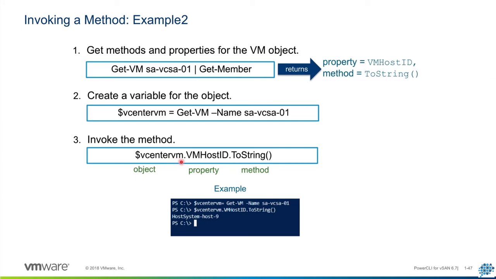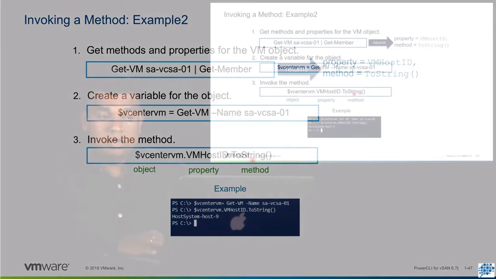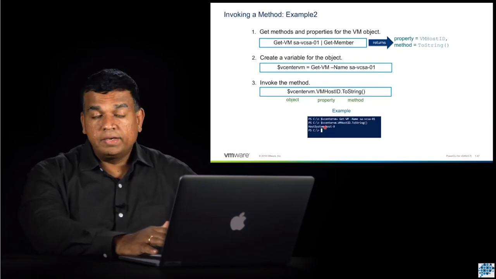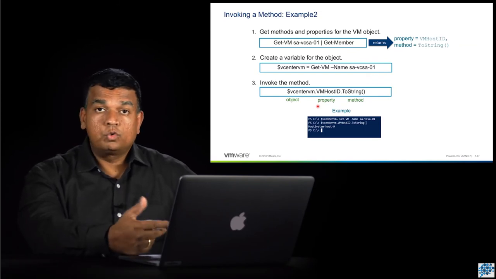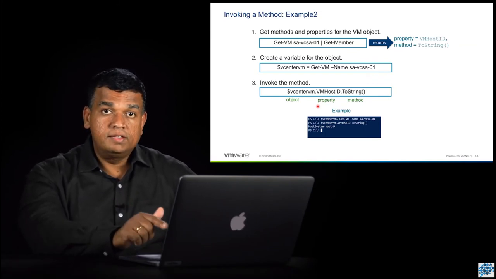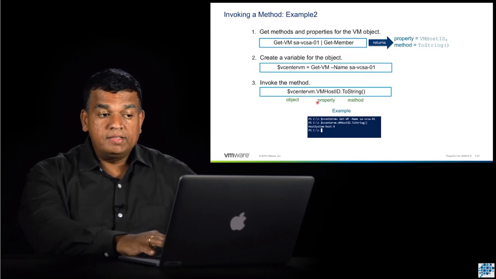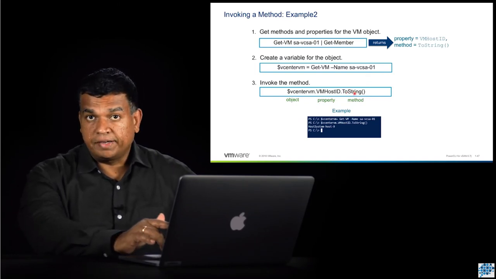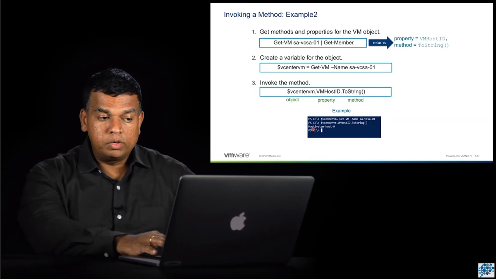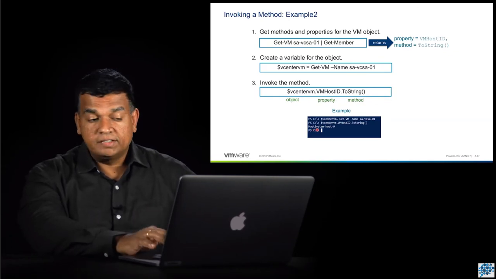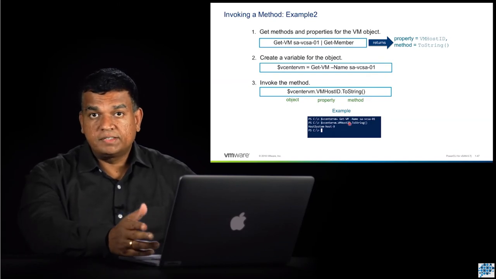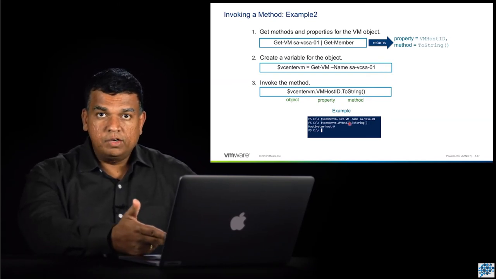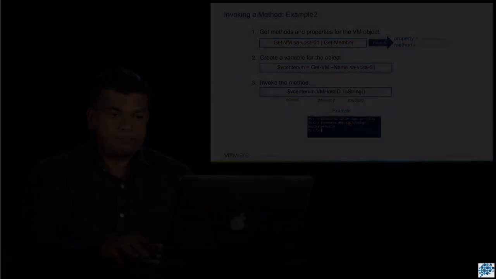So I'm saying $vCenterVM.VMHostId.ToString. What it is doing is pulling out the property called VMHostId, which means which host this VM is running on, and then I'm running this method called ToString, and the final output is showing me that this virtual machine is running on HostSystem-host-9, which is basically the managed object ID of that particular host.